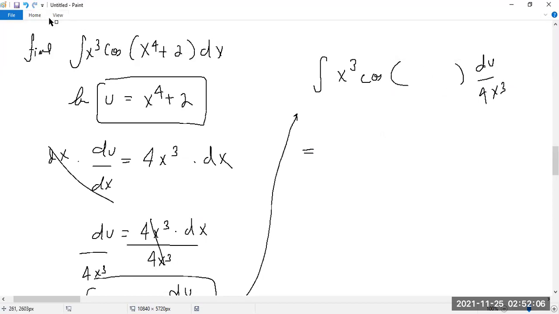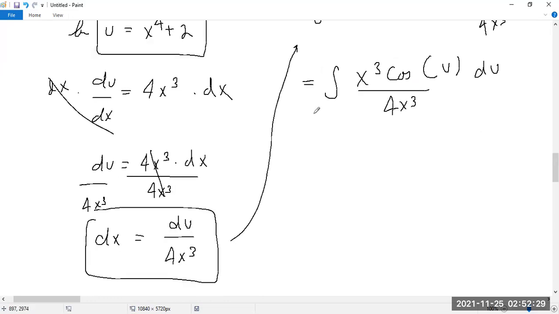At this point, I can just say that this is x cubed cosine of u, and then du over 4x cubed, and the x cubes cancel out, so I have cosine u du over 4.